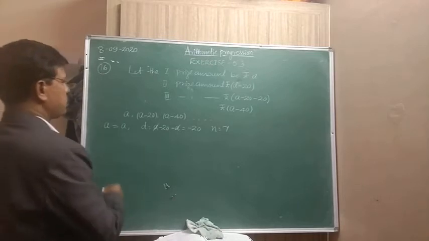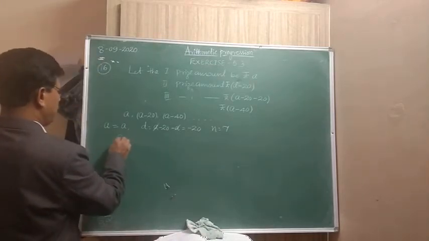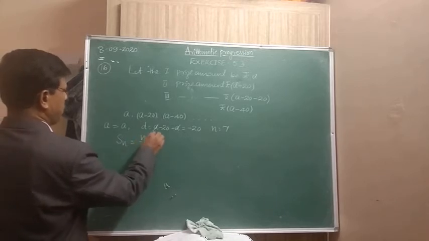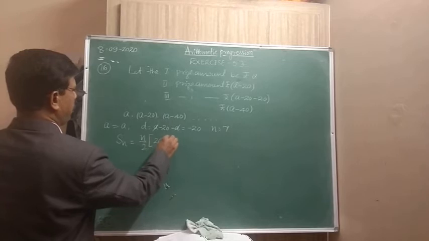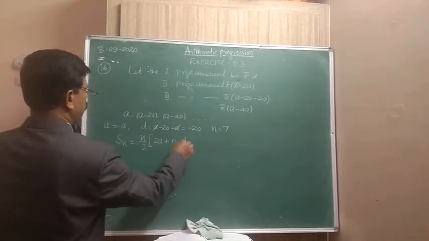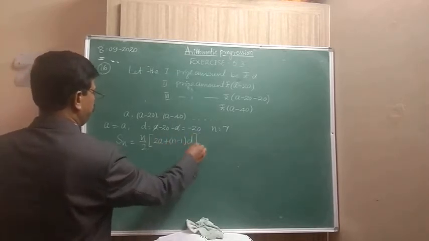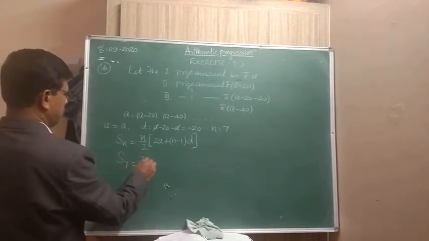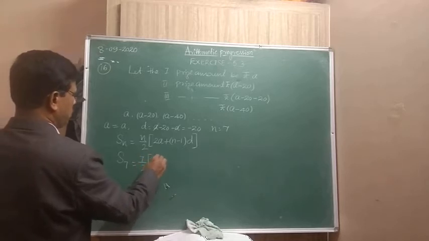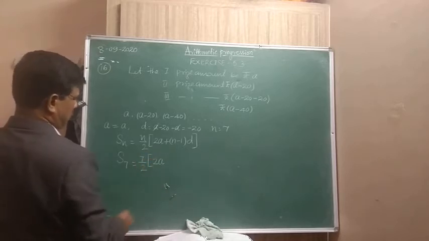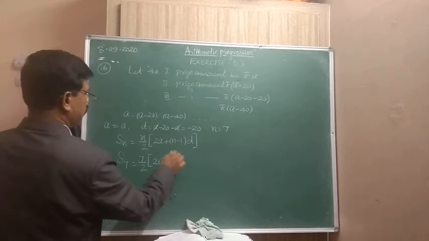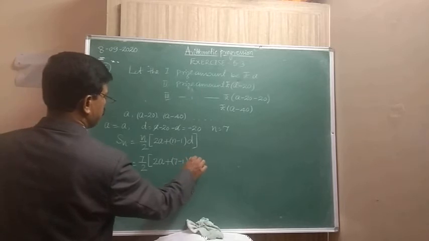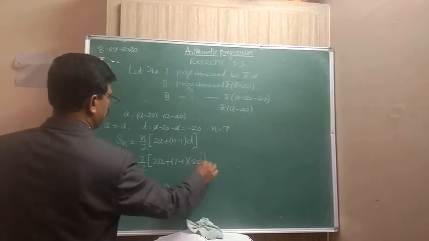Now substitute this in the formula. Sn is equal to n by 2 into 2A plus n minus 1 into D. Now S7 equals 7 by 2 into 2A, we don't know that, keep it as it is, plus n means 7 minus 1 into D value, which is minus 20. Look at the negative sign.